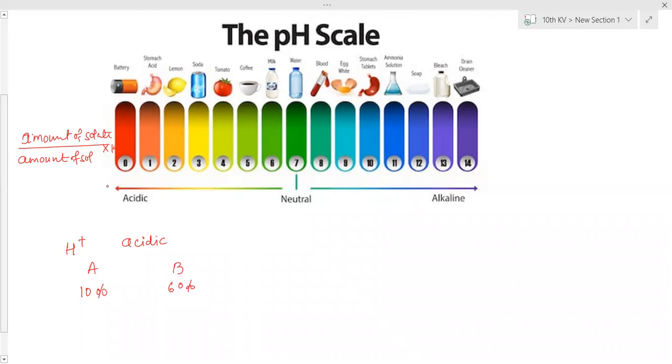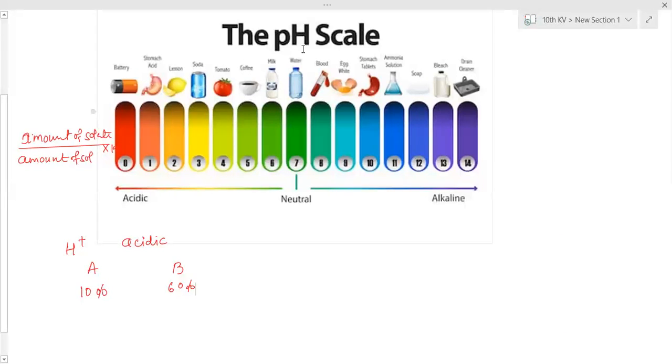Now, another thing you need to know is that this H plus ion concentration is expressed in a simple way in terms of pH value. So pH value is actually the potential of hydrogen, the power of hydrogen.